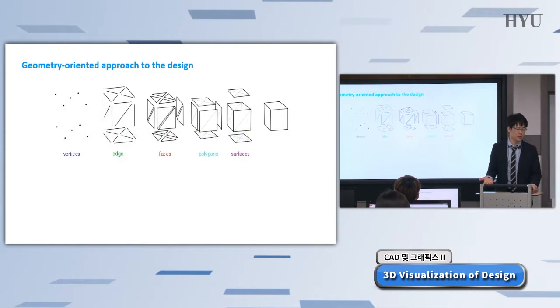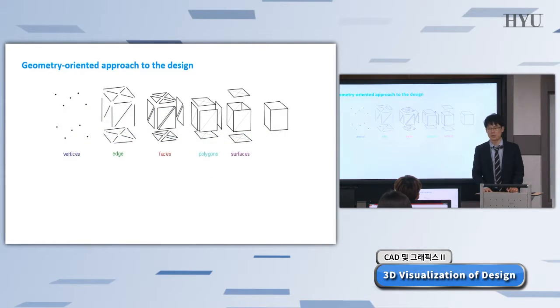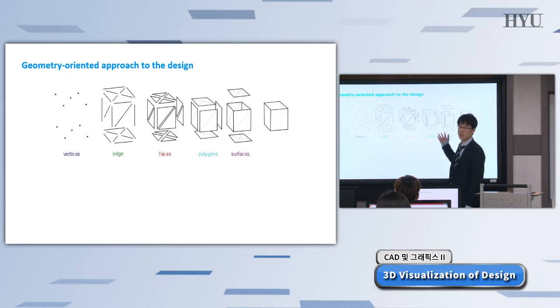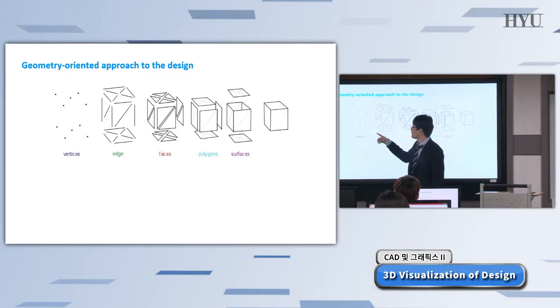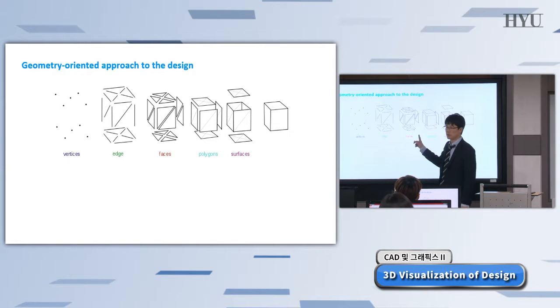So what is the geometry-oriented approach to the design? This one, okay? In the 3D Max application, even in SketchUp or AutoCAD, it's all the same way. In terms of geometry, there are vertices, and two vertices become one single edge, okay, a line. And some group of lines becomes a face, okay, a face.